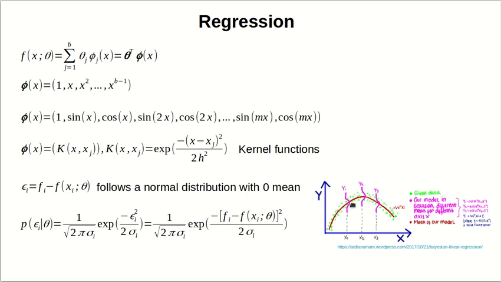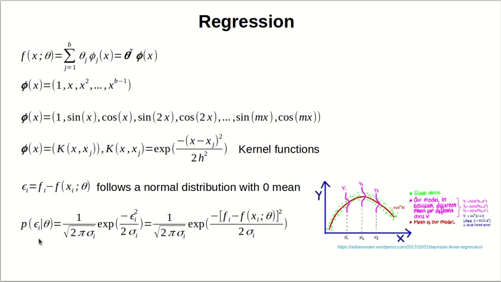So what kind of epsilon i is going to give you higher probability? If epsilon i is close to 0, then your probability is going to be bigger. Epsilon i close to 0 means your prediction is very close to the actual observed label, and that gives you a very large probability.